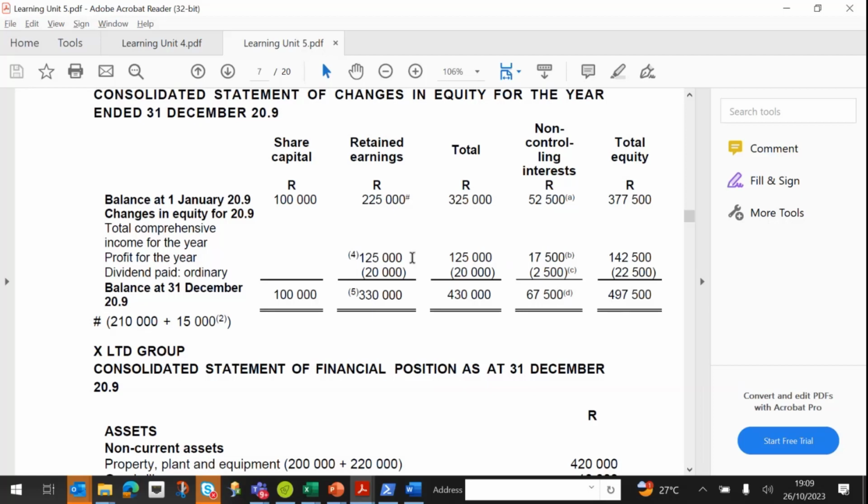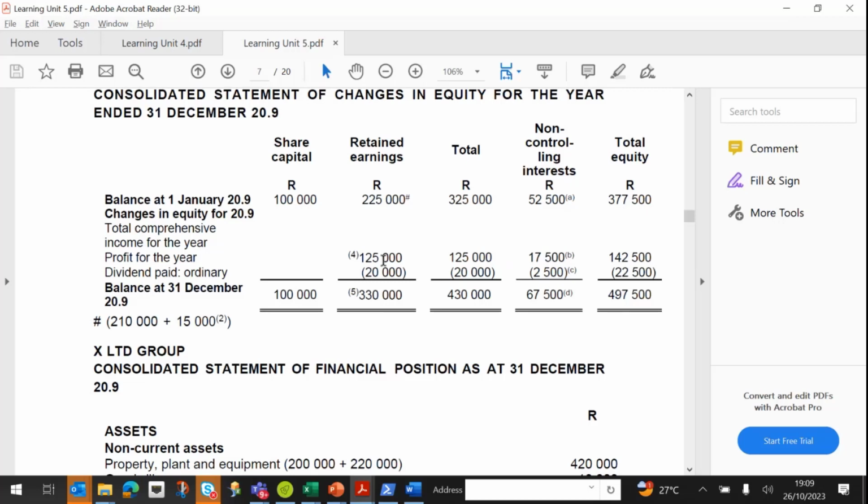So whatever answer you got, right or wrong, in your profit and loss, as long as you brought it here in calculating the balance of the retained earnings, we will not mark you wrong.